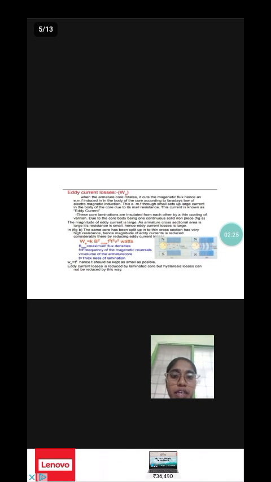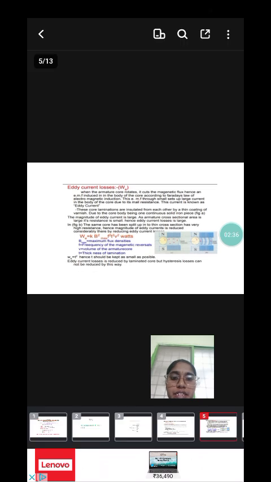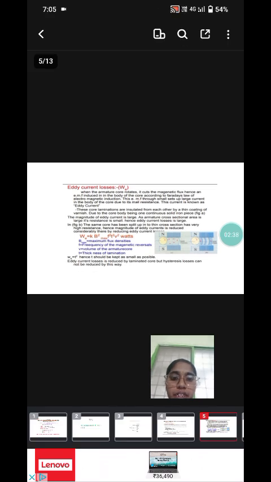Resistance is small, hence eddy current losses are large. When the core is split up into thin laminations, the cross-section has very high resistance. Hence, the magnitude of the eddy current losses is reduced considerably.